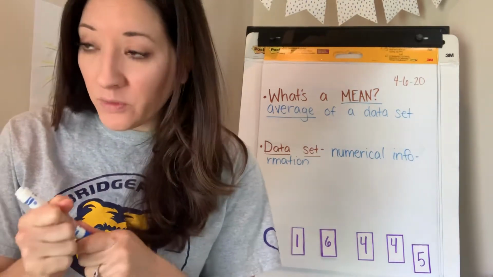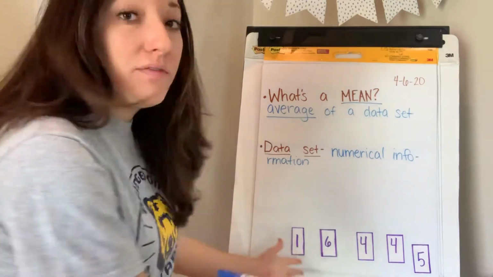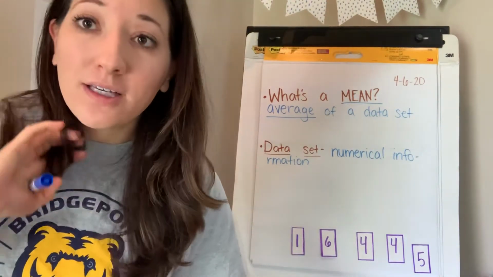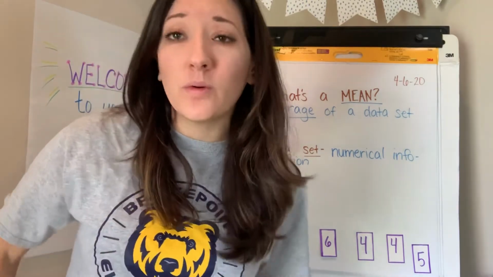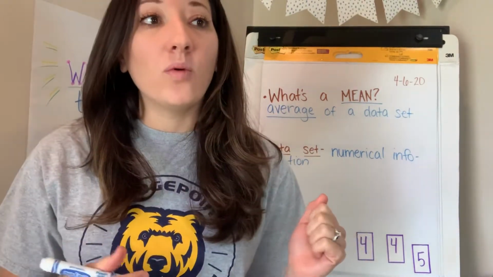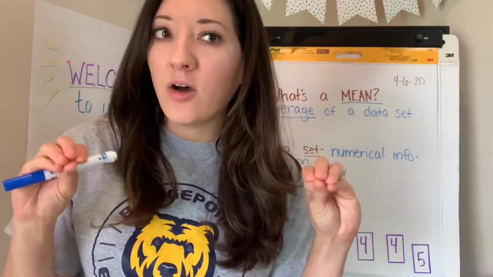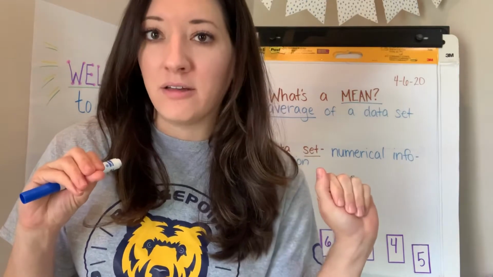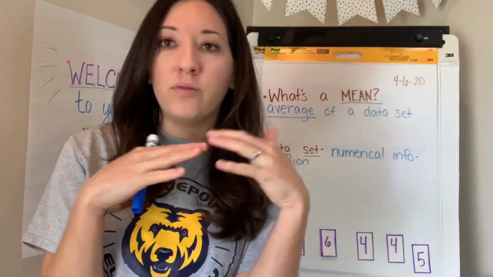So if I took all of this information about how many cookies I ate throughout the week, and somebody said, okay, so, you know, one day was a lot, one day it wasn't a lot, what would be about how many cookies you ate every day if you kind of found a middle number of all of the information that you gathered?